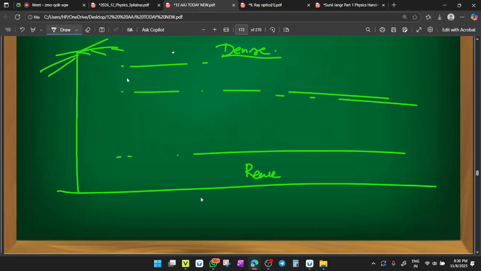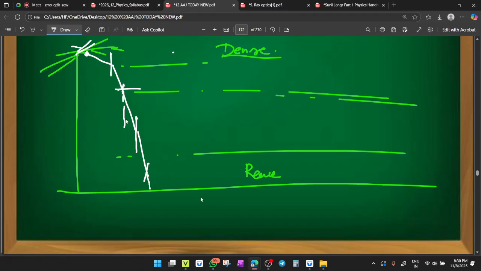Clear? Now the light ray is coming from the denser medium to the rarer medium. Let's see what happens. These light rays traveling from the tree are continuously bending towards the normal. Clear? So they are bending towards the normal.